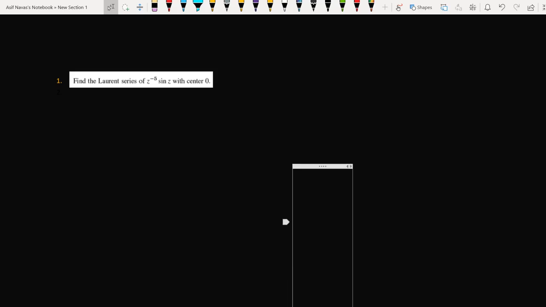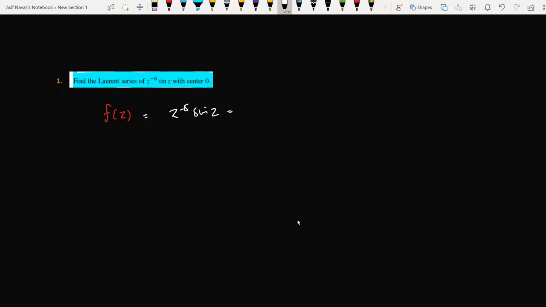Okay, so the question is to find the Laurent series expansion of z raised to minus 5 sin z with center 0. So f of z is z raised to minus 5 sin z, which is equal to 1 by z raised to 5 sin z.